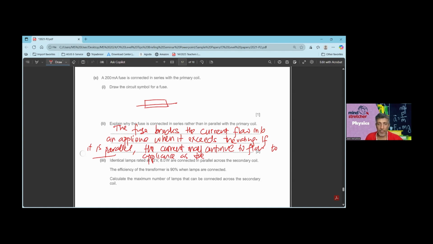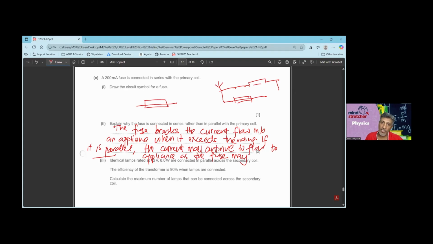Let's say for example the fuse is here and the appliance is here. This is connected to the appliance.